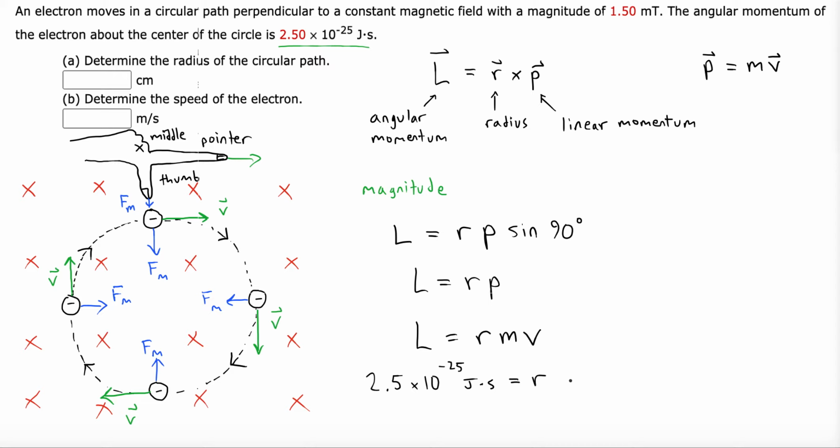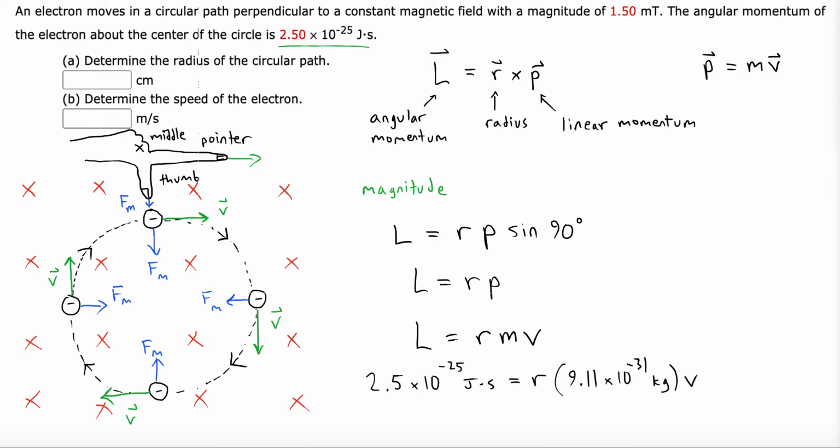I'll leave R as just unknown. I can use the mass of the electron. And then we have the velocity. Unfortunately, though, we don't know the velocity.